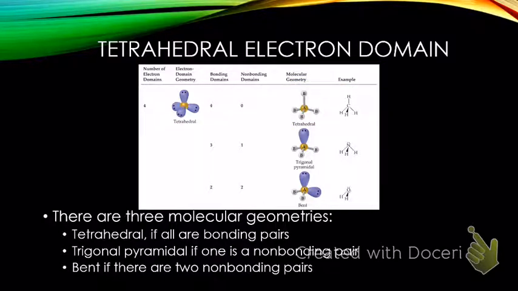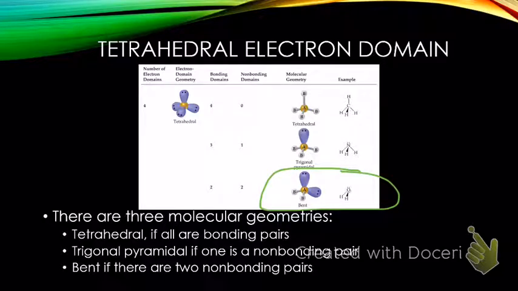If you have one set of non-bonding lone pair electrons and 3 bonds, like ammonia, it's called trigonal pyramidal, and it's a little less than 109.5 between those hydrogens. If you have 2 sets of lone pair electrons, it's called bent for the molecular geometry, and the angle between the 2 hydrogens is even less than what you would expect if there were 3 hydrogens.